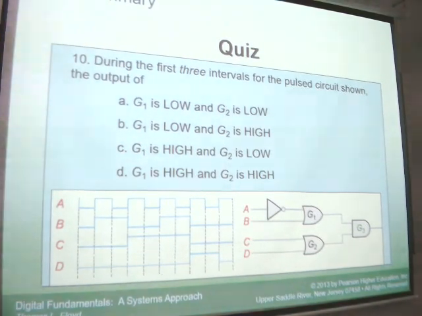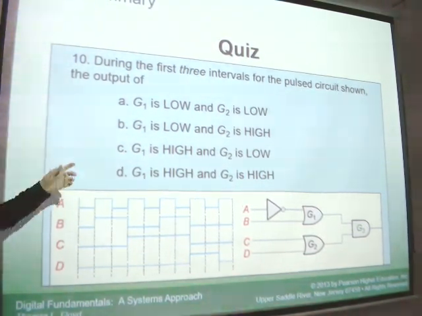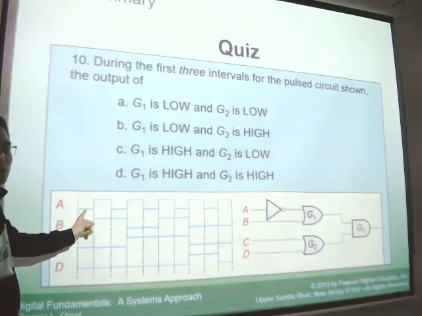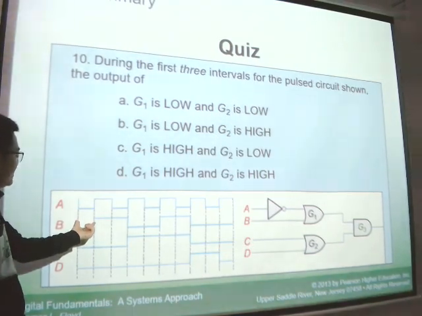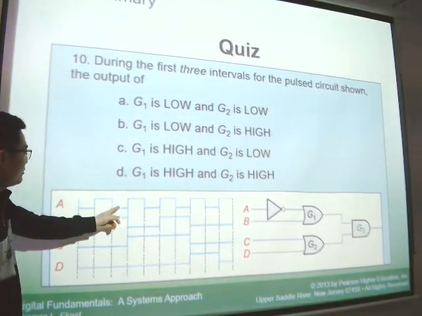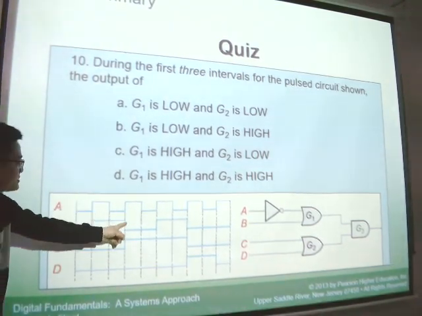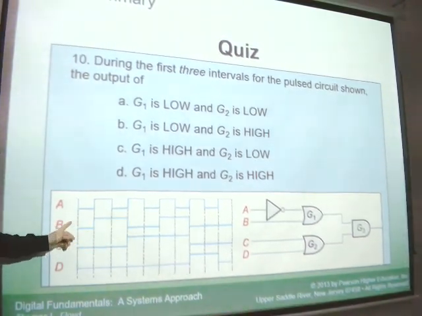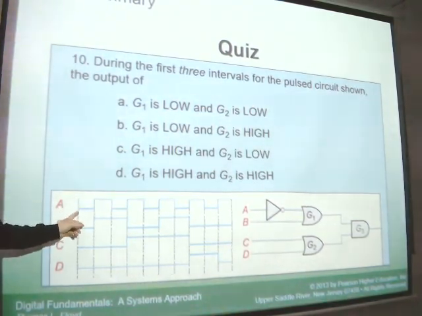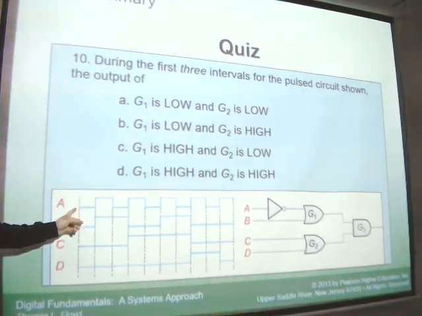So in the first three intervals, the output of G1 is high or low?